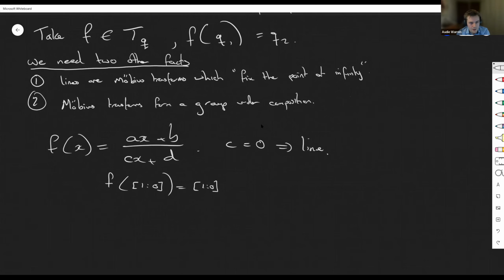Again, what we know is, I'll draw a box around it up here: for all of our transformations f in T_Q, f of Q1 is equal to Q2. So let's pick two other Möbius transformations.